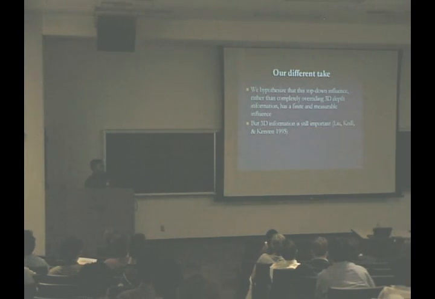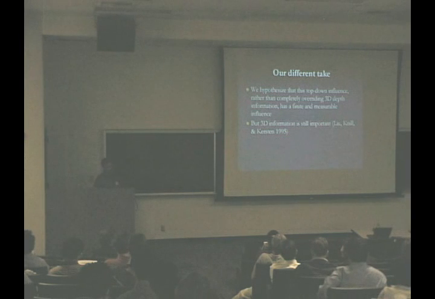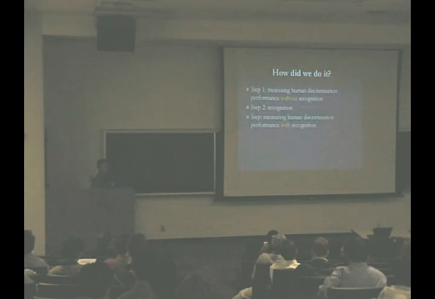That is hypothesis number one. And along the same line, we try to establish that, in fact, the 3D information provided by stereo information is important and relevant in object recognition. So, how do we do it?